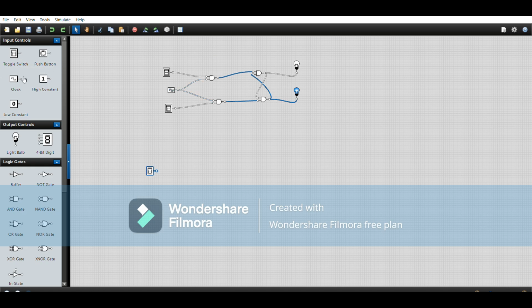The next thing we are going to see is D flip-flop. D flip-flop uses 1 input signal and a clock signal with it.